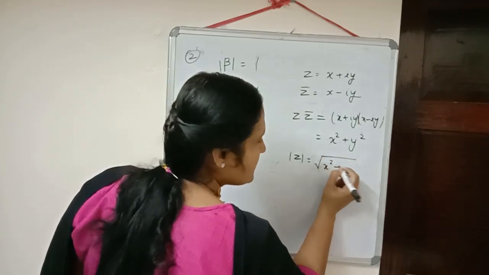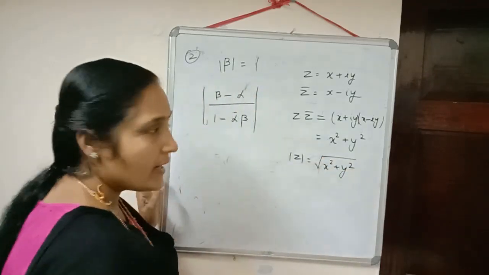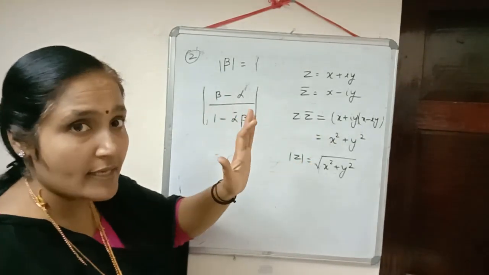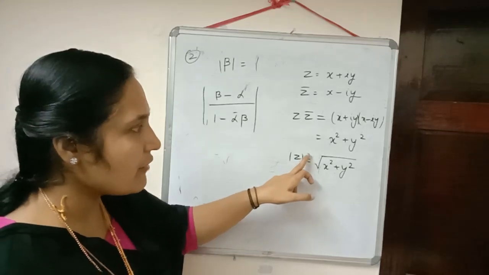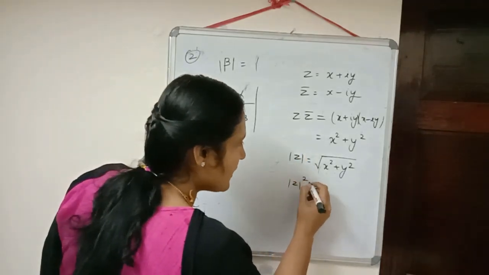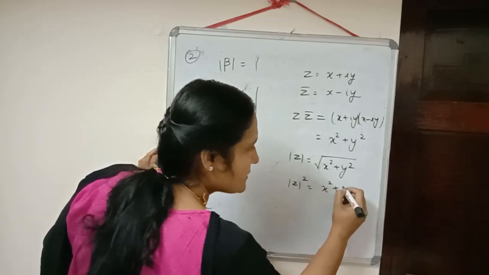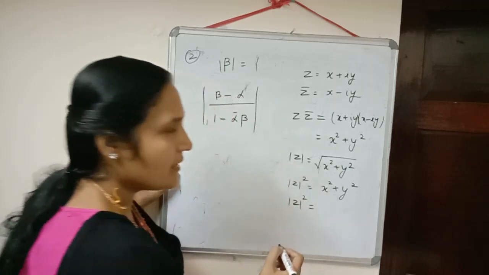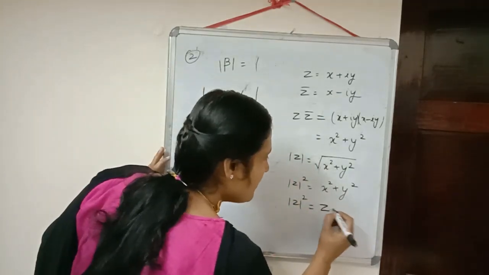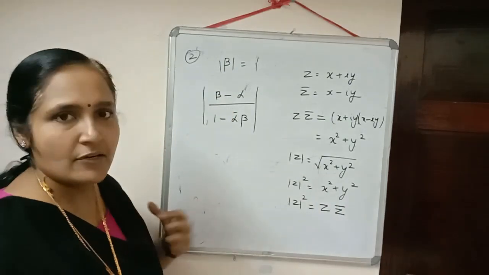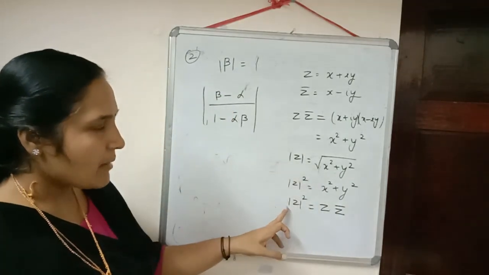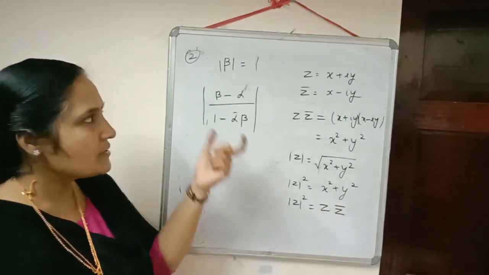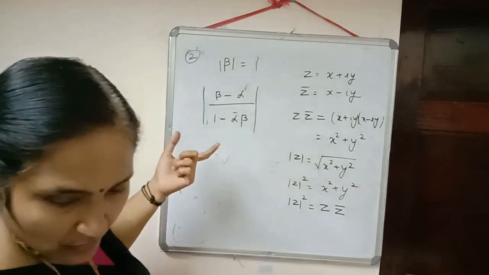Square root of x square plus y square, correct? And z into z bar is x square plus y square, in that the root is not there. So if I do the square of mod z, that will be equal to x square plus y square. So if I have to calculate the mod of any number, I can use this property also. Mod z square is z into z bar. Clear? Mod z square can be written as z into z bar.